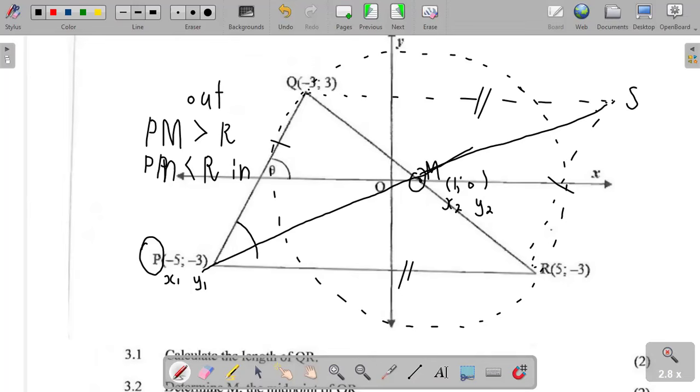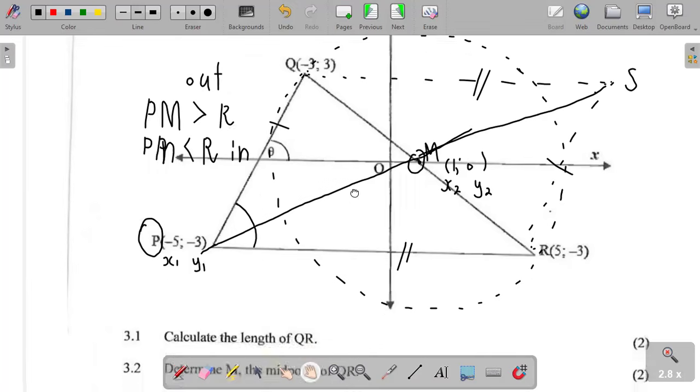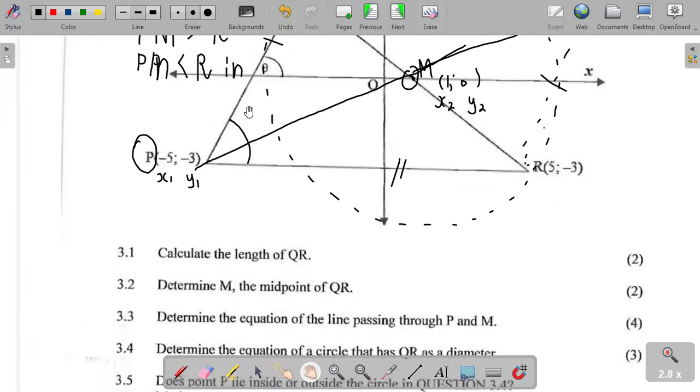Now we have to find the gradient for PQ, because then we're going to use the tangent. We're going to use this equation: tan theta equals m. So we have to find m first.